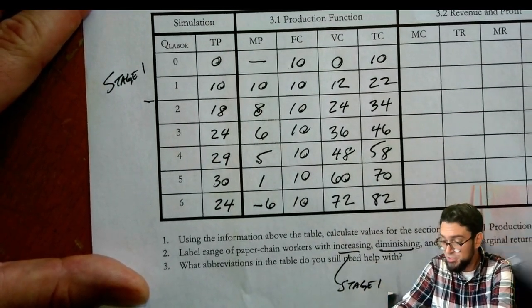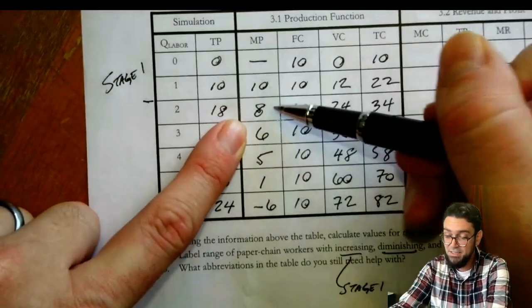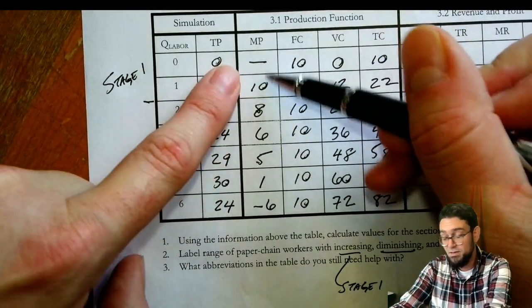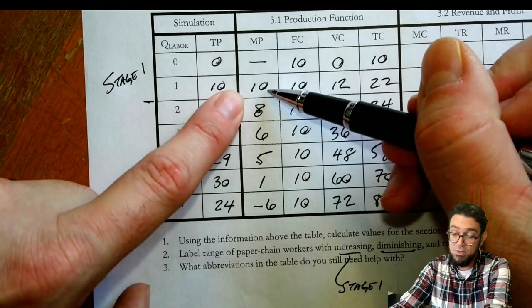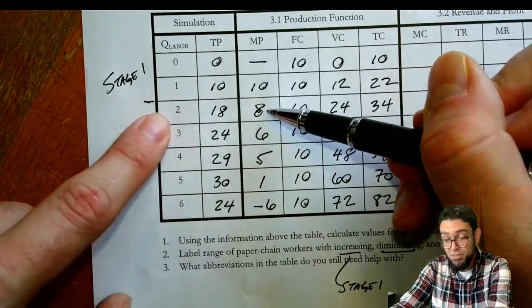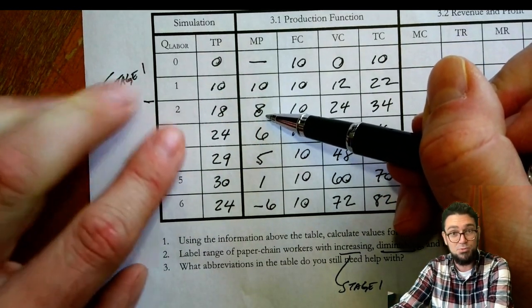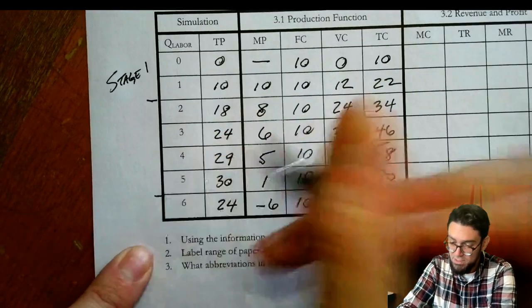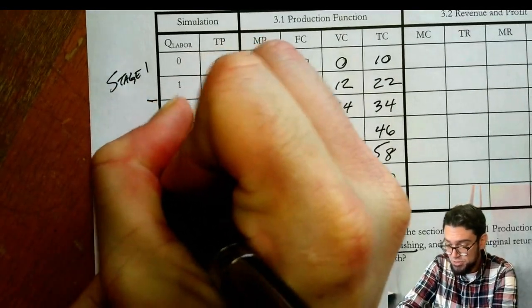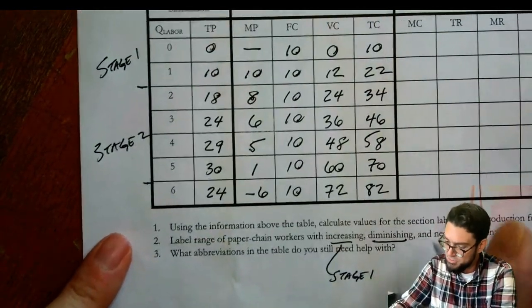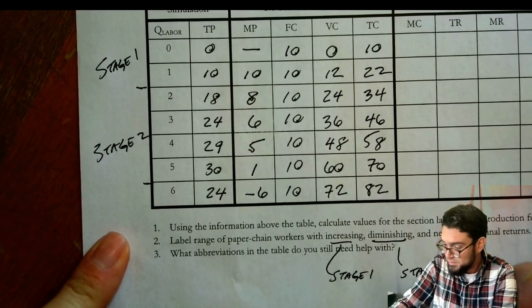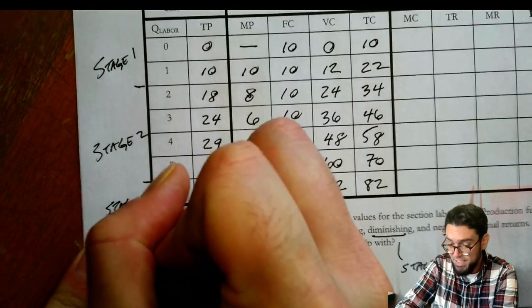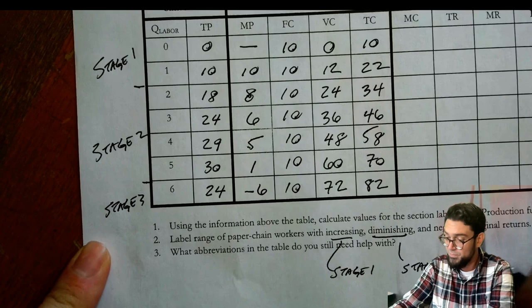And then diminishing marginal returns, that's where we're seeing marginal product is less than the previous one. 10 is bigger than non-existing. 8 is, though, less than 10. So diminishing marginal returns begins with the second worker, and it continues through the 5th worker. So we would say these are stage 2. And then last, negative marginal returns, that's going to be the one where we have negative marginal product, stage 3.